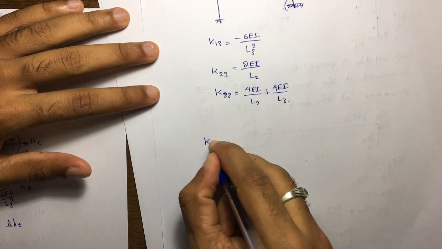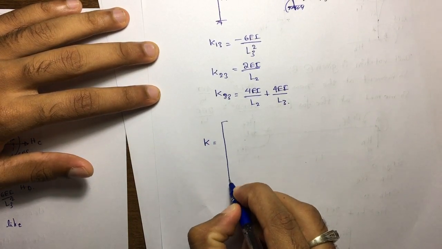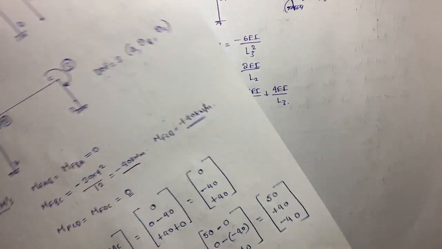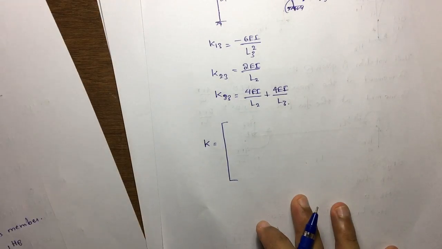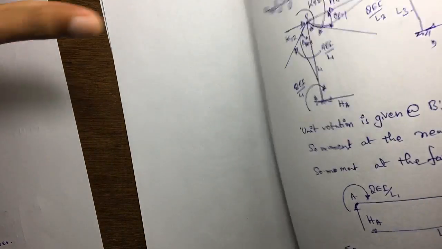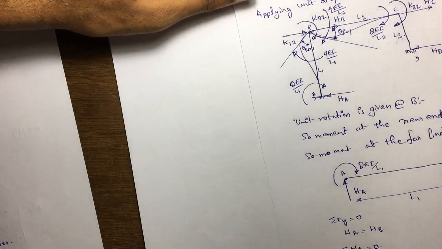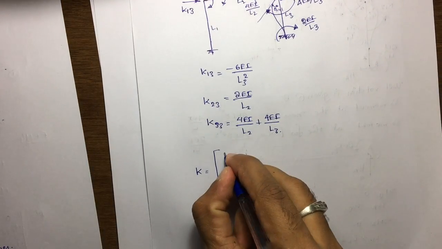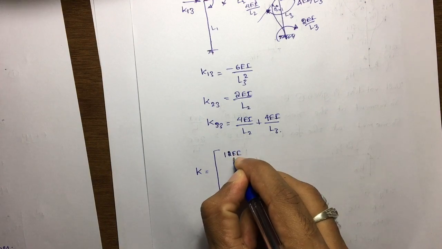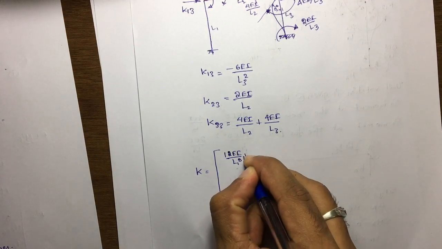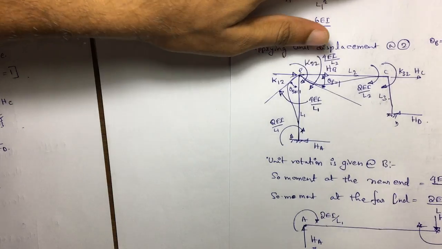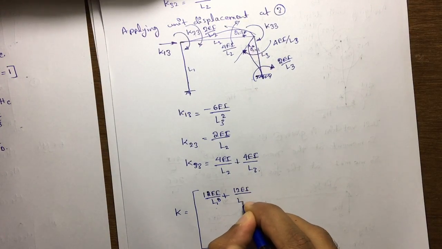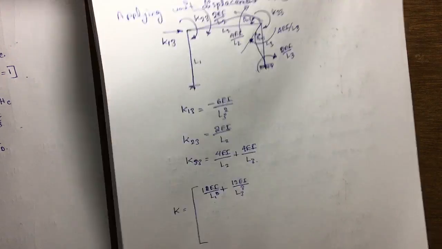So we can write K is equal to, first we have to see what is K11. K11 we calculated here, that is 12EI divided by L1 cube plus 12EI divided by L3 cube.